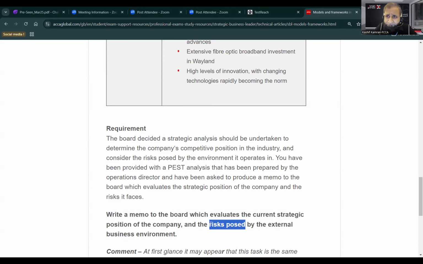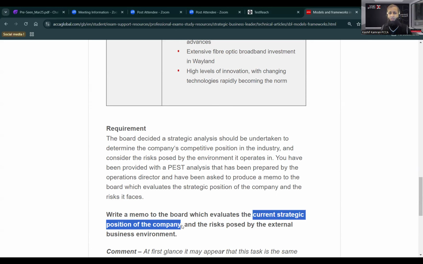Right? But what about the current strategic position of the company? Because that's the second requirement. So the question is not just asking you to evaluate the risk. The question is also asking you to evaluate the current strategic position.